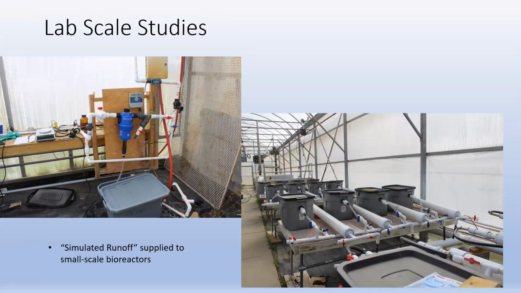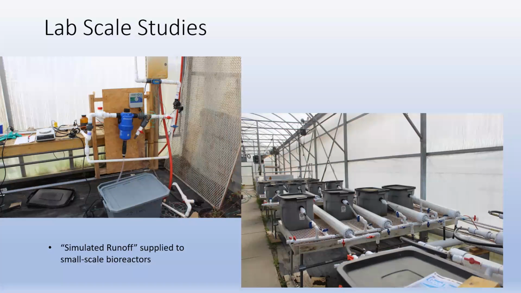So just going into some detail a little bit about some studies that I did back when I was in Michigan State. We did some lab scale studies looking at small scale bioreactors in those gray bins there. So rather than a big lined trench in a field that you might see, we did these in these small bins, right?